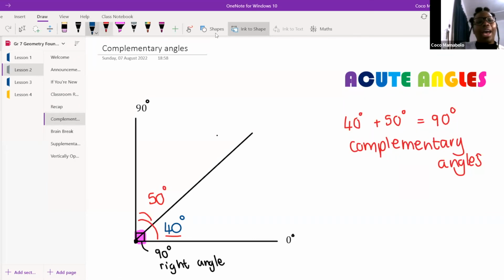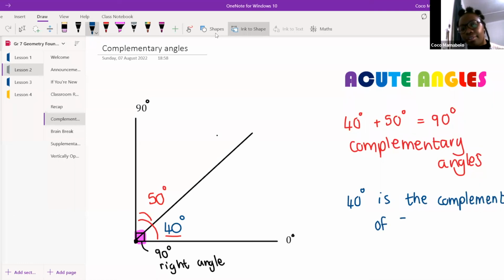No. What I am going to say is 40 degrees is the complement of 50 degrees. And that wording is very, very important. I need all of you to either write this down or take a screenshot. You all have 45 seconds, go.